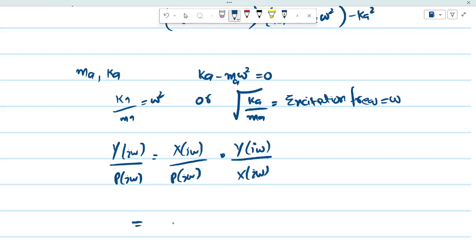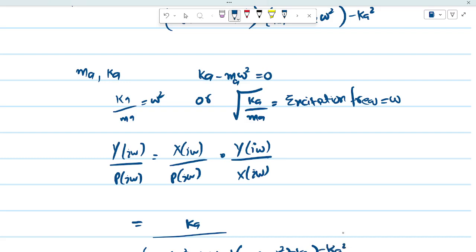So we can multiply these. We will have at the end Ka divided by minus m omega square plus k plus Ka into minus ma omega square plus Ka minus Ka square.